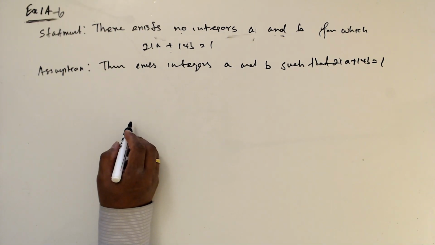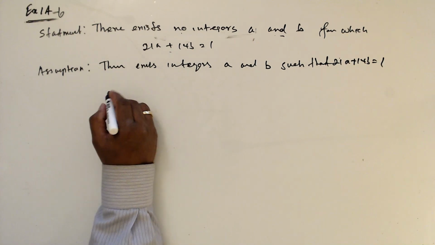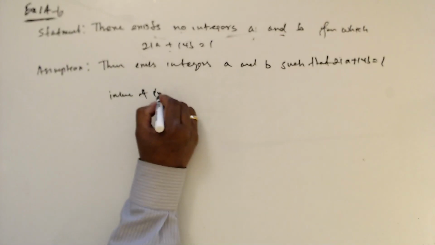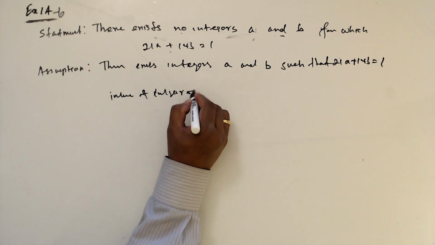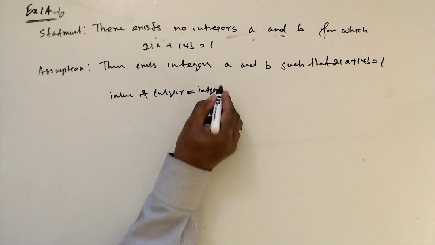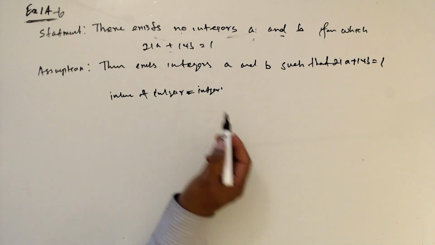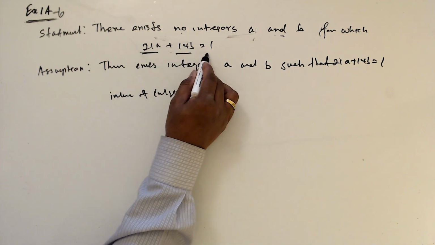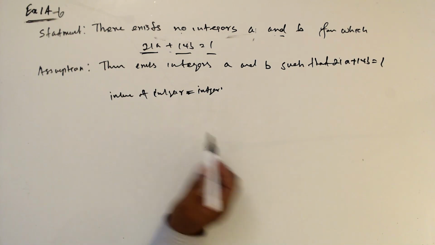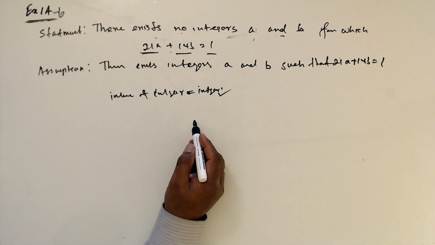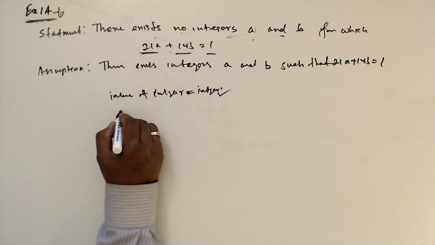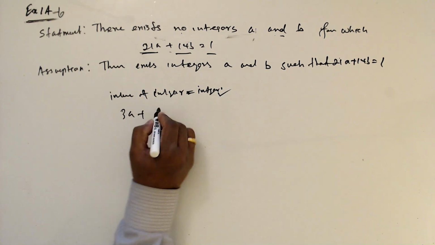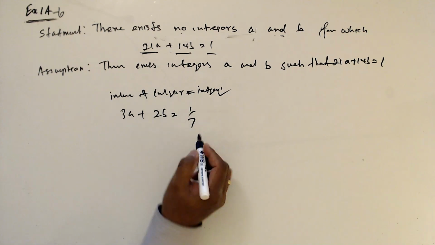The idea is we know that integer plus integer is an integer. So we'll divide by 7. 3a plus 2b equals 1 over 7.